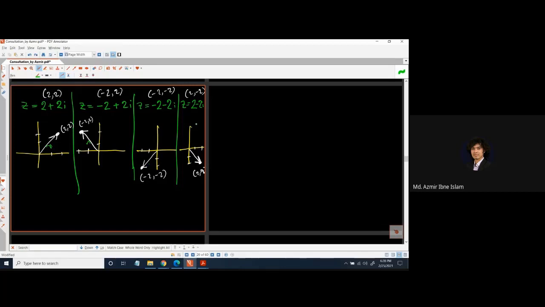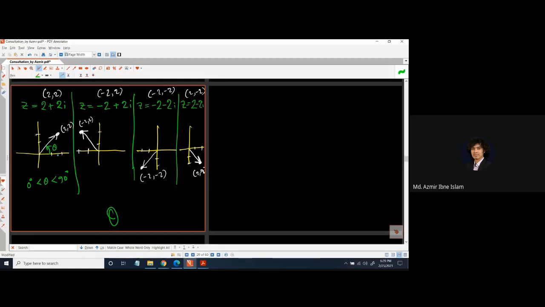Our target is to think about the argument theta. If we generally have a look at all the 4 examples, we will see that for the first one, the argument is between 0 degree and 90 degree, right? Yes, sir. We know the definition of argument.